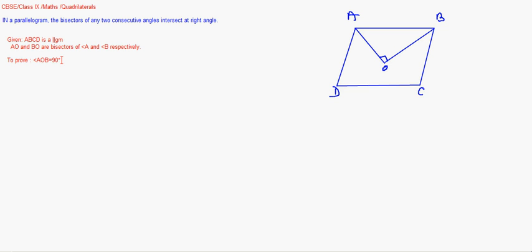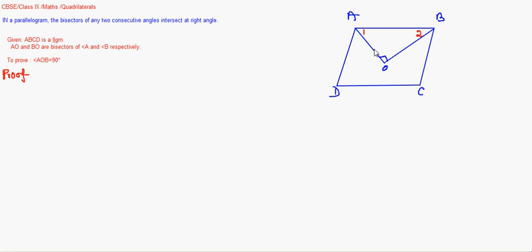Since ABCD is given to be a parallelogram, I start writing the proof here. This angle 1 I'll take and this to be angle 2 I take. Because this is a parallelogram, AD will be parallel to BC.